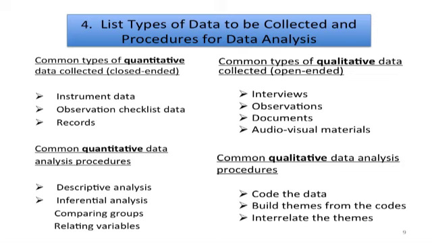On the qualitative side, the types of data tend to be interviews, open-ended observations, documents, and audiovisual materials such as photographs or website pages or text messages of one kind or another. So there's quite a large array of qualitative data types. So just simply listing the quantitative data collection and analysis and the qualitative data collection and analysis. That's the next step.